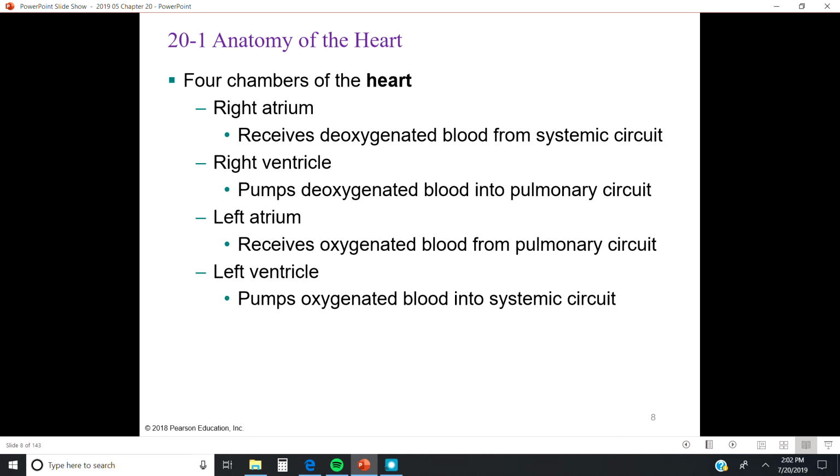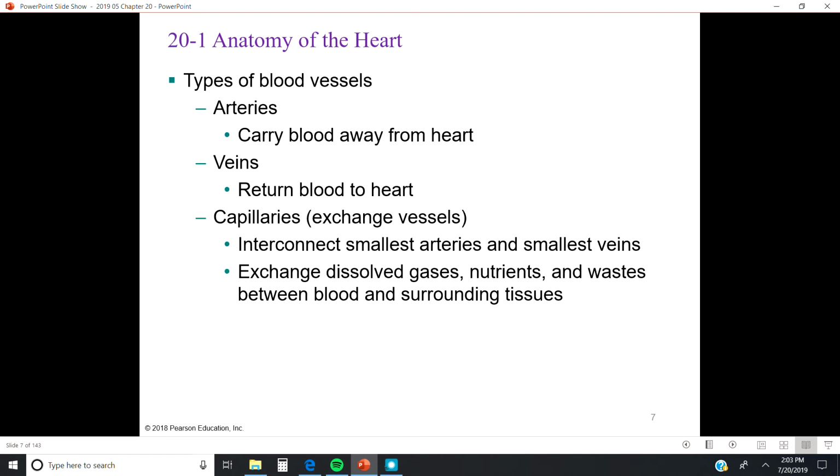So it turns out that the heart has four chambers. We just looked at them quickly. I'm going to go back to that picture in a second. Let's just take a look at each one of the chambers and again see how it applies to the pulmonary and the systemic circulation. We're going to start on the right side and then move to the left. So the top chamber on the right is known as the right atrium, right?